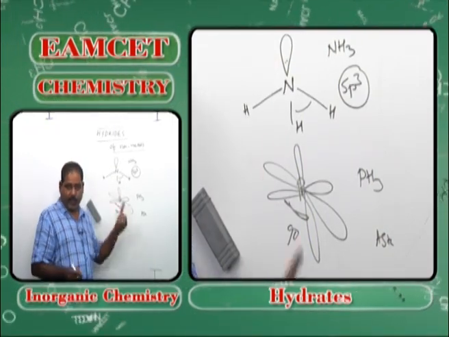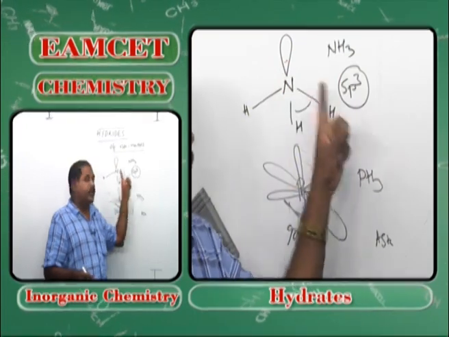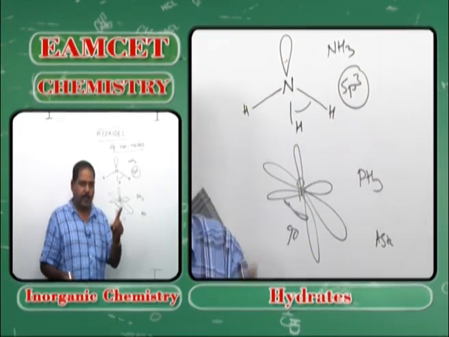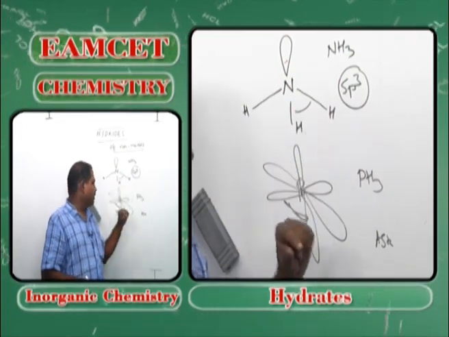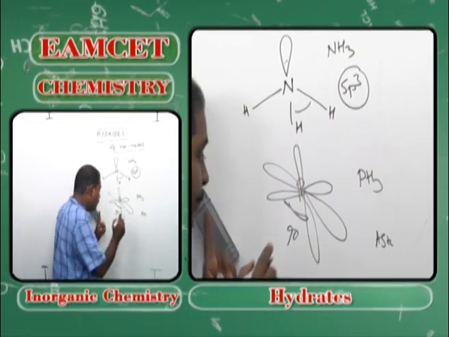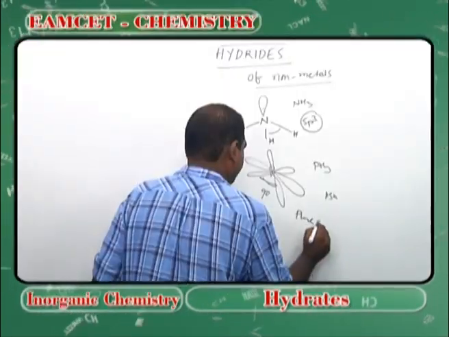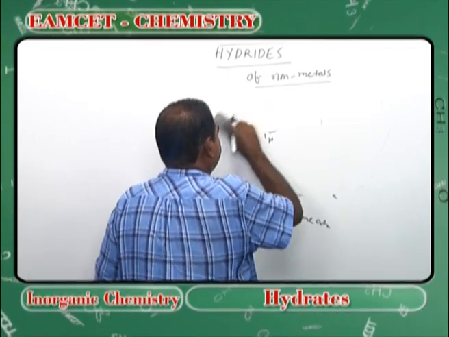What is the essential difference? In NH3, sp3 hybrid orbitals participate and the bond angle is 107. In PH3, pure orbitals participate, meaning there is no hybridization.